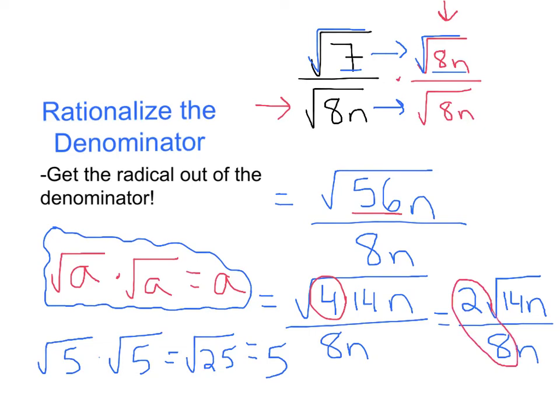And 2/8 simplifies to 1/4. So my final answer is the square root of 14n over 4n. So all of that, simplifying this radical by rationalizing the denominator to get that as my answer.